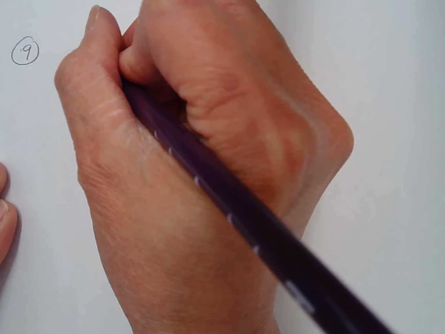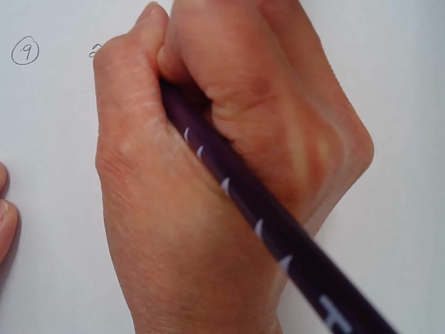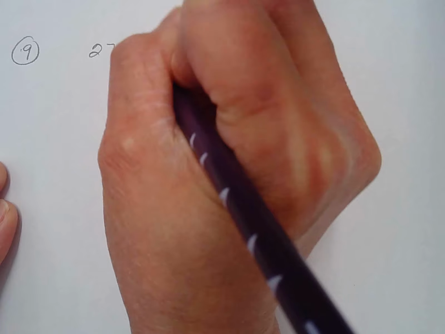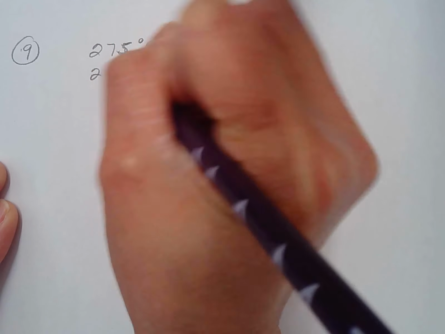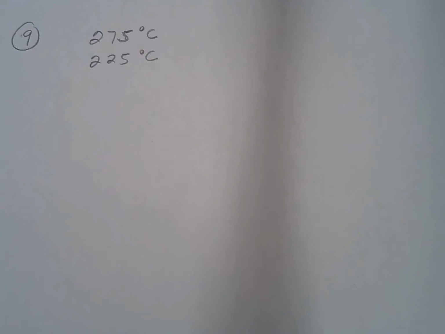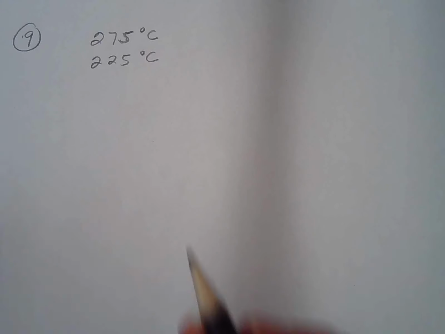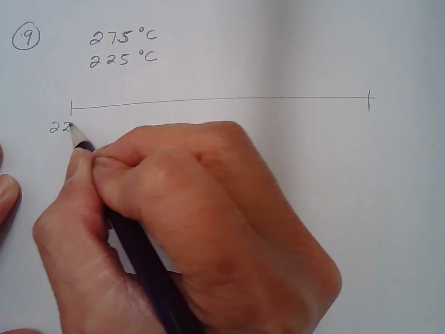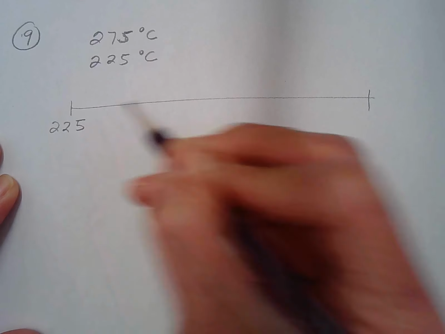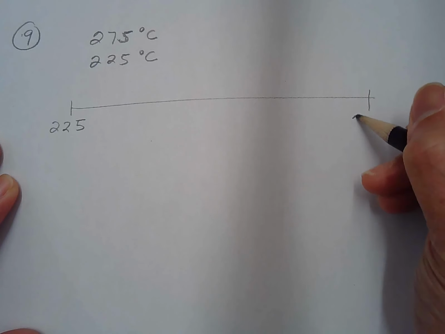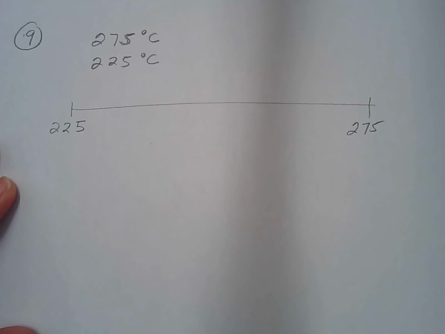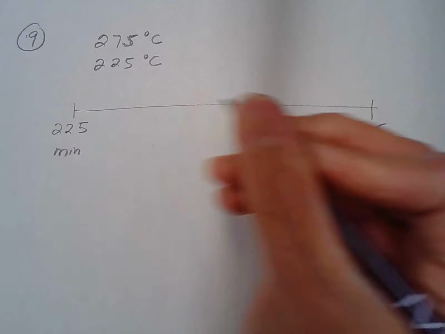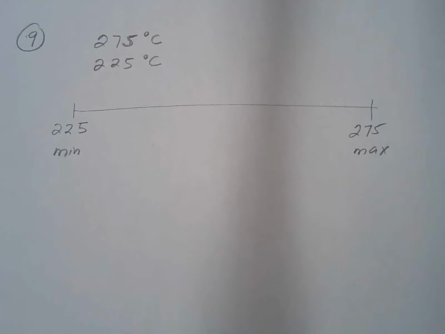So 275 degrees Celsius, 225 degrees Celsius. So they're telling us the minimum and maximum. So if you want, let's do the minimum and maximum. So this is our minimum, maximum.